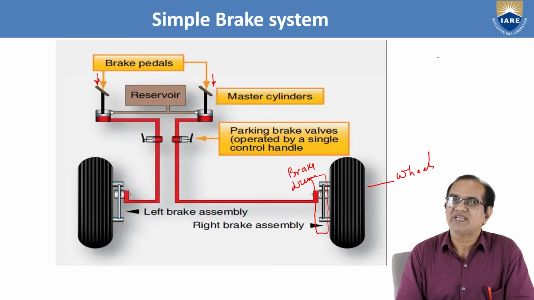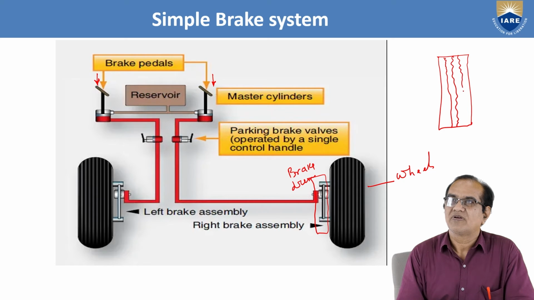So how it is working, just you can see here. I am just drawing a brake assembly. There is a fixed rim, and on top of that, this is the movable part. So air pressure is coming in this side, and here also air pressure.